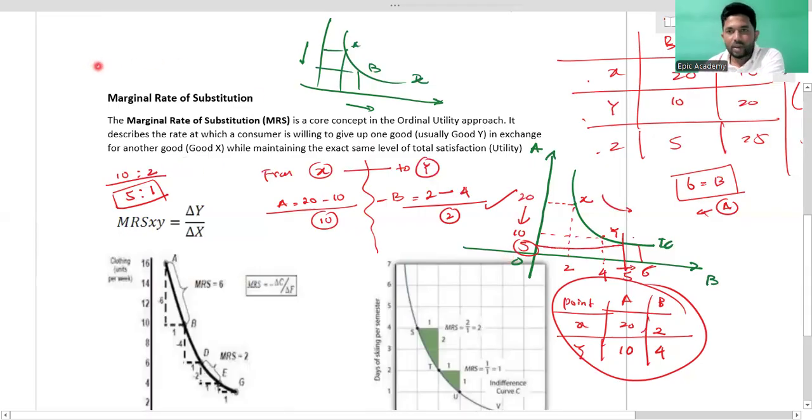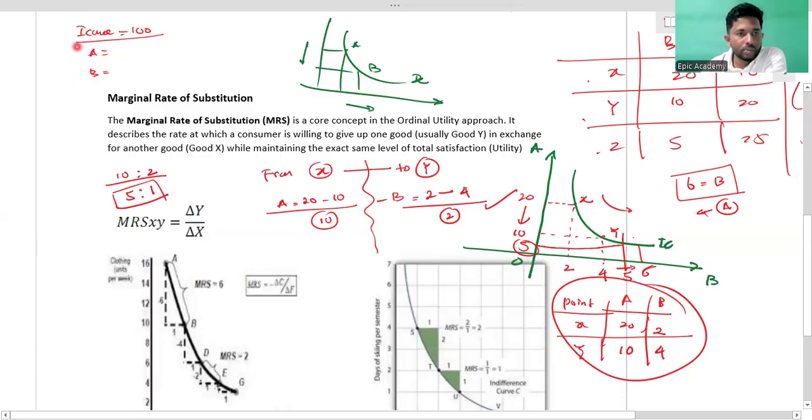I will take a practical example for that one. As an example, the person has only one constant income, just 100 rupees daily. It is constant and is not going to change. He is going to consume only A commodity and B commodity.